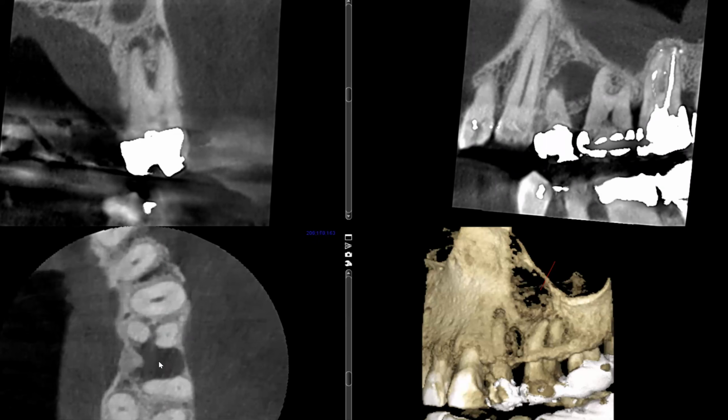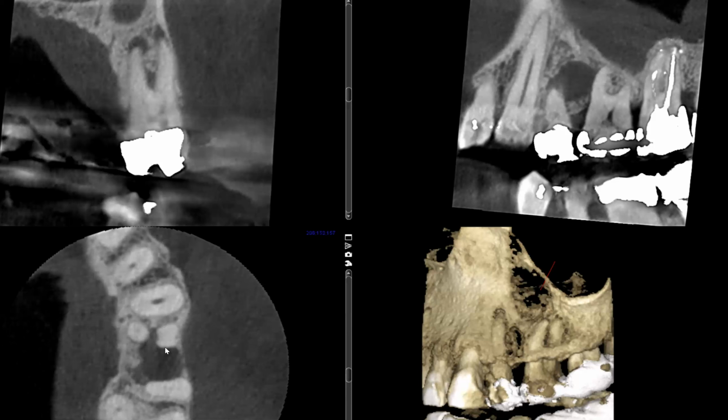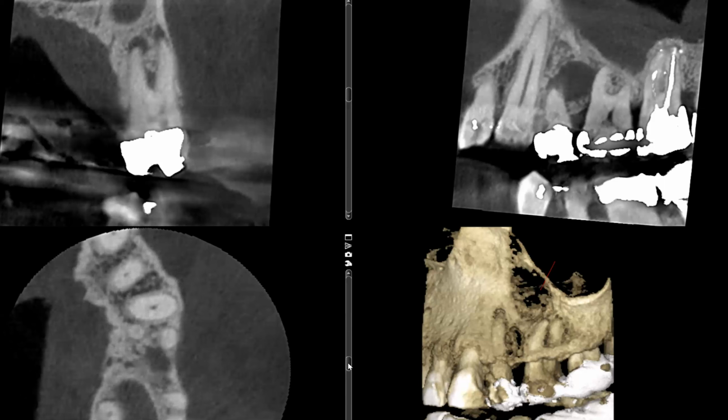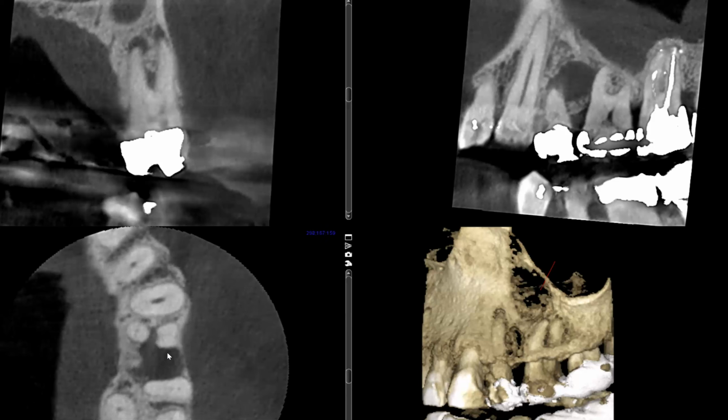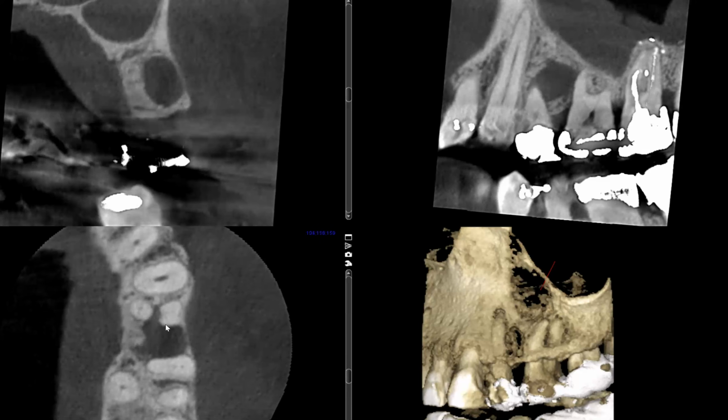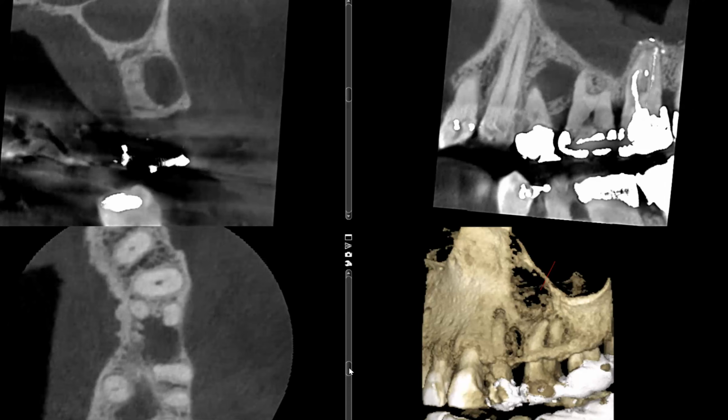So let's confirm that from this axial view. If you had to guess where this radiolucency is coming from, and it could certainly be coming from within this bone, but if your only option is to choose either number 14 or 12, which one would you choose?